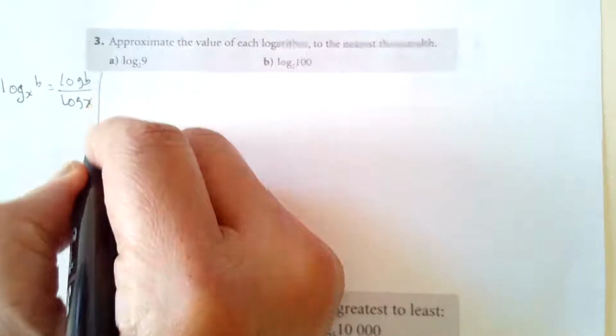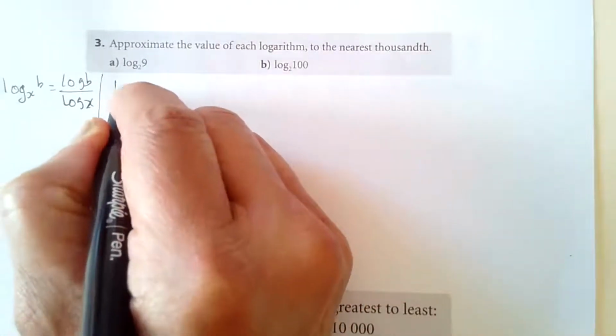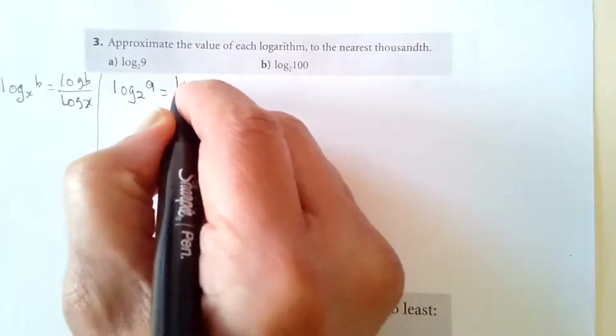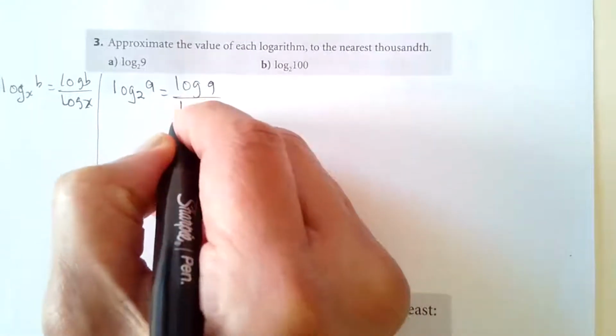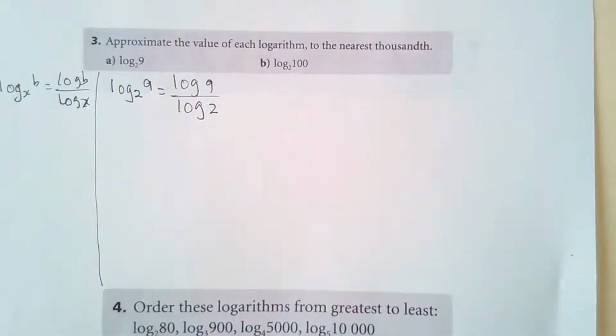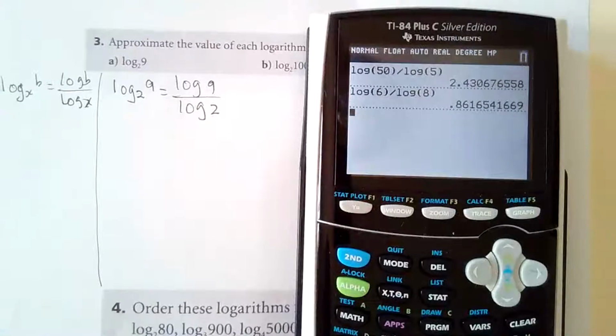So let's look at the first one we have here. Log base 2 of 9 is going to give me log 9 over log 2. Use my wonderful calculator again: log 9 divided by log 2 is 3.1699.